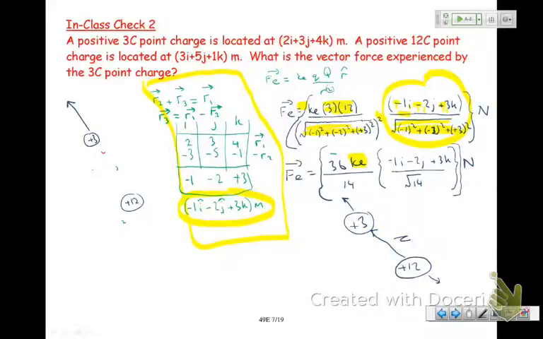Correct? The force on that is going to be pointing in that direction, and the unit vector of it too, because this is how I've chosen to have my positive 3 charge and my positive 12 charge. Now, if I switch them, I'll have the exact opposite unit vector.